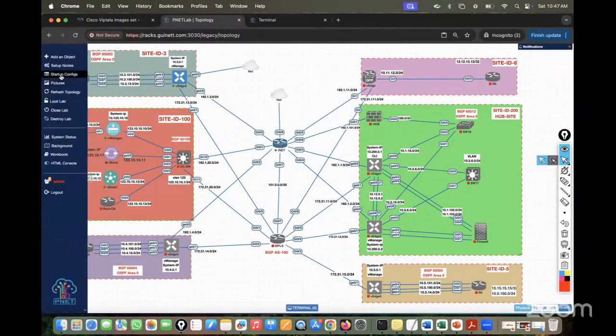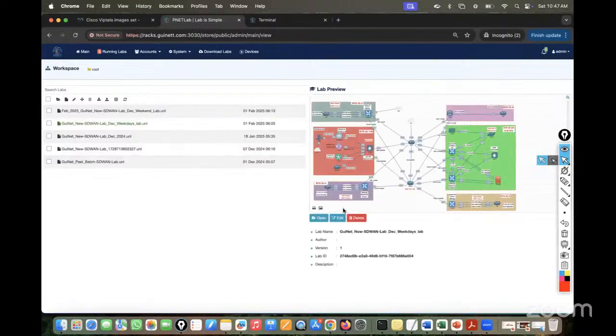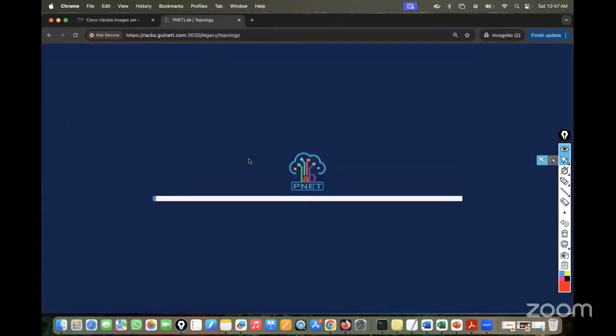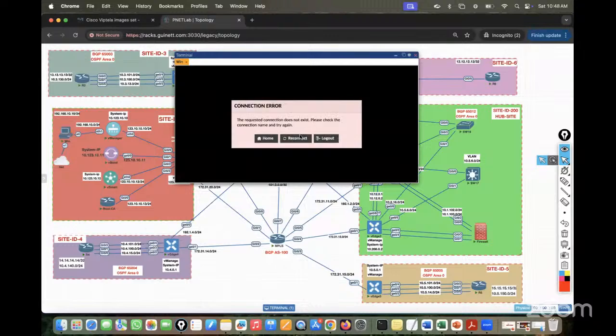Thank you. So let me go back to my original topology, which is fully configured. I want to showcase it during the sessions when I explain the concept, but that is not going to be used for your lab. This is my old topology, which is running in the weekend batch.